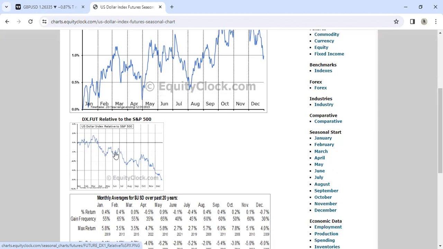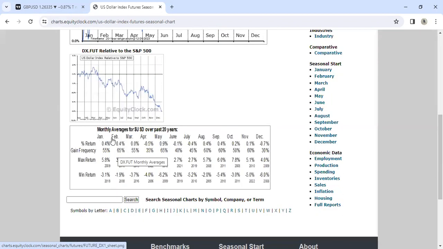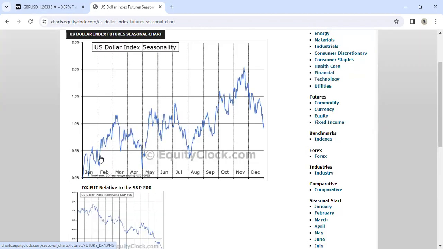For the past 20 years, we usually see a gain of 0.4%. So it's usually a very positive month, with a 65% gain. For the month of February, based on seasonalities, we expect the market to be uptrending on the dollar. That's what I expect on DXY. Overall, we should see a push to the upside. So that's the first thing I'm looking at.